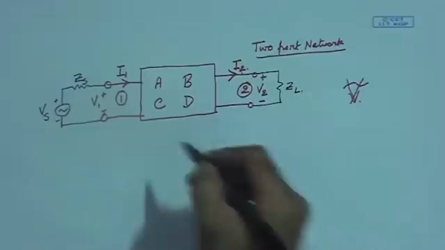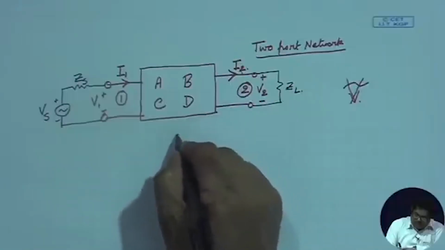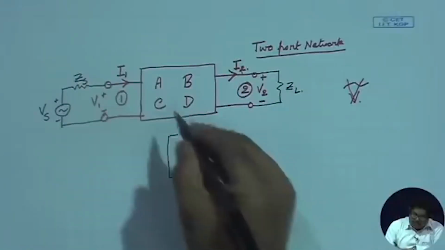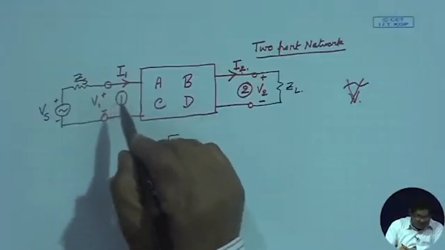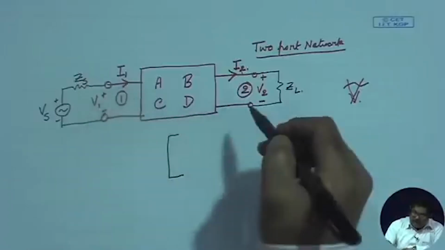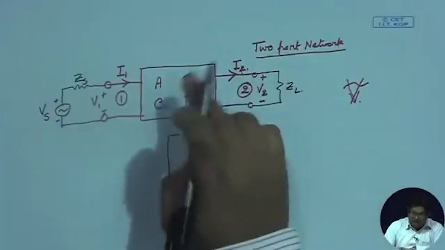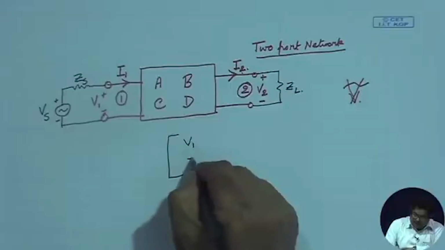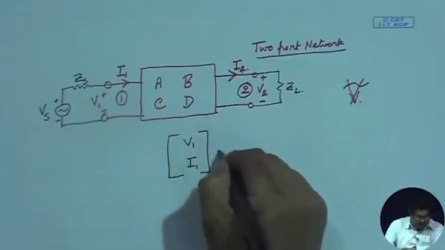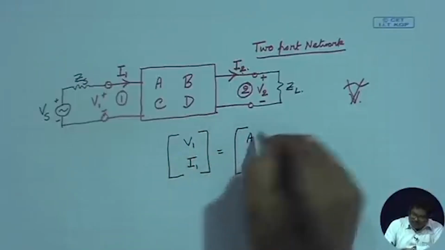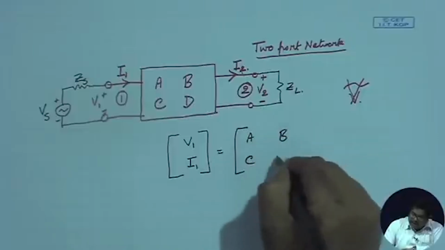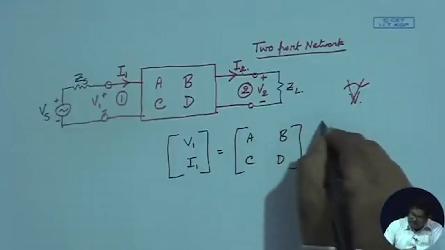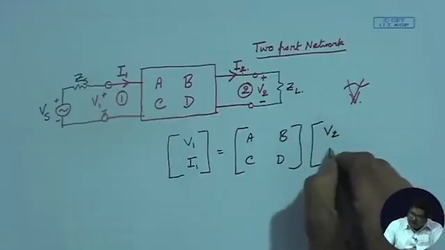Okay. So, once I have this, you all know that I can describe this V1, I1 and V2, I2 with the help of an ABCD matrix. So, I can write [V1; I1] is equal to [A B; C D] times [V2; I2].